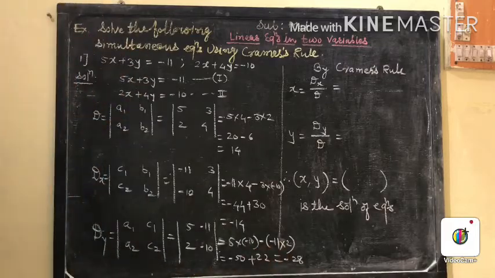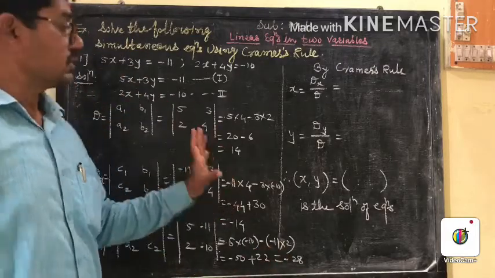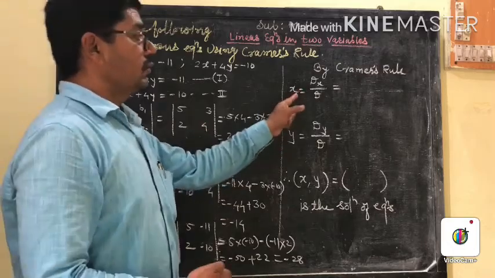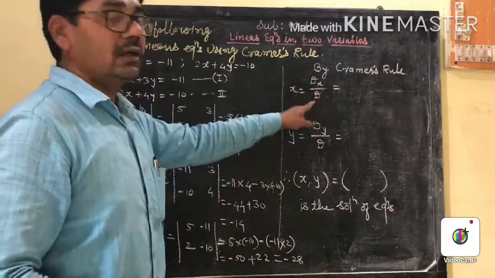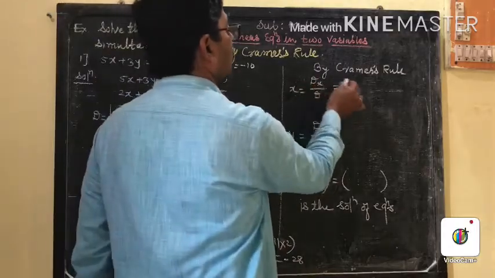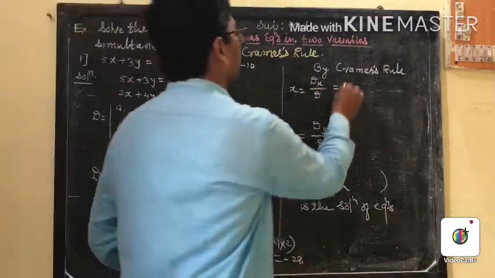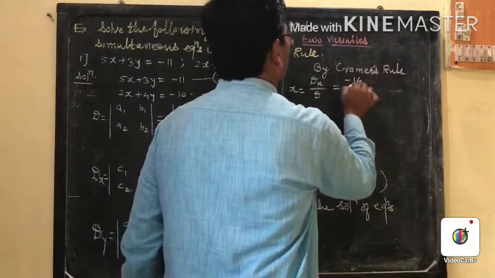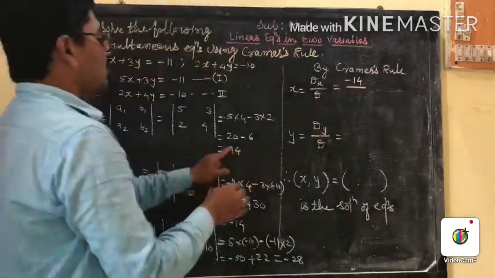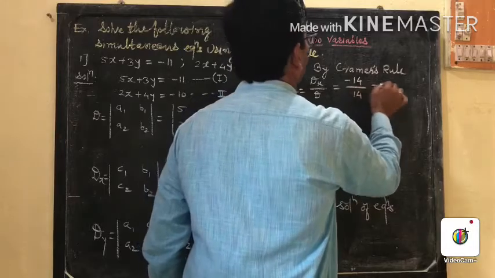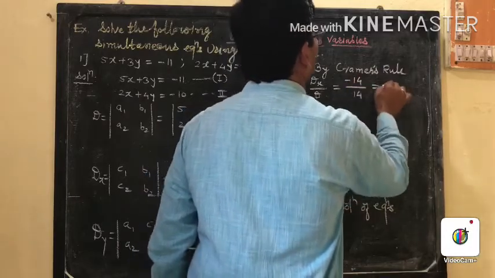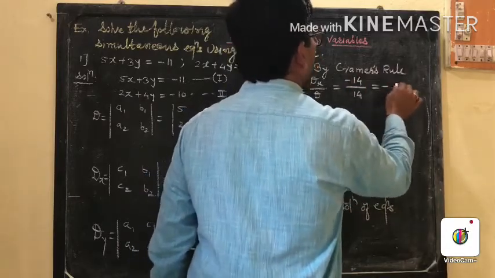Now we have to find the solutions. The value of x is Dx upon D. Put down the value of Dx. What is the value of Dx? Dx is minus 14 upon the value of D, which is plus 14, and this is equal to minus, 14 divided by 14 is 1.